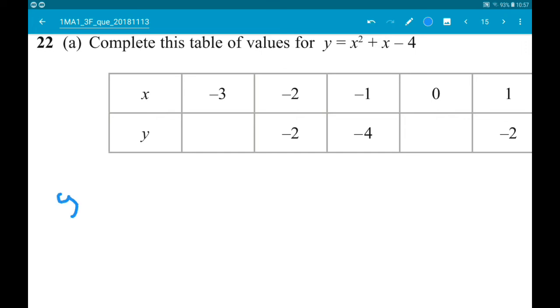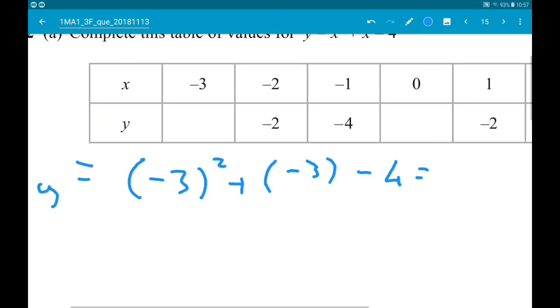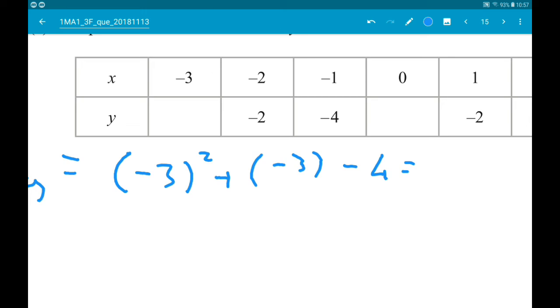So we would put in y is equal to, in brackets, minus 3 with the square on the outside, plus minus 3, again really in brackets, and then minus 4. So that's going to give us 9, minus 7, so that's 2.